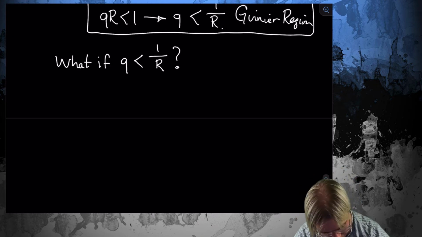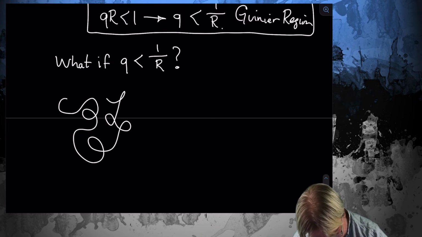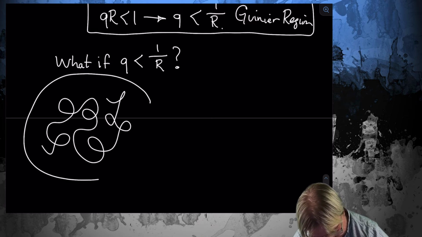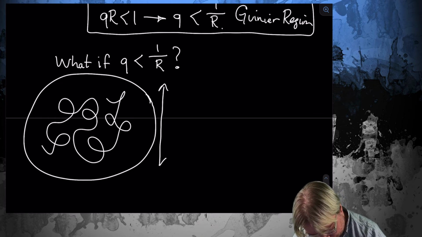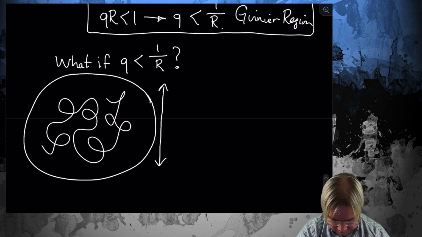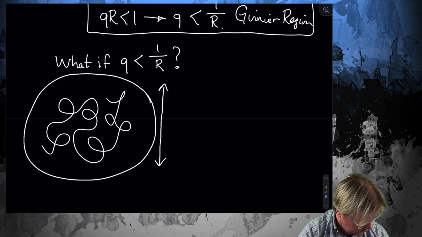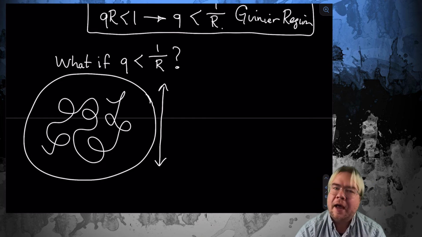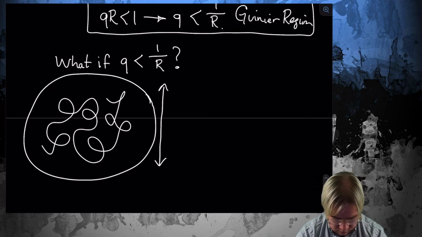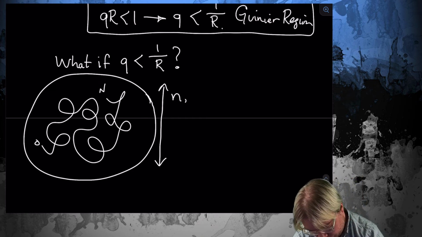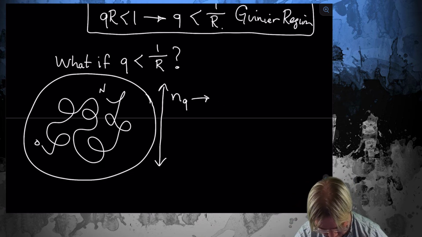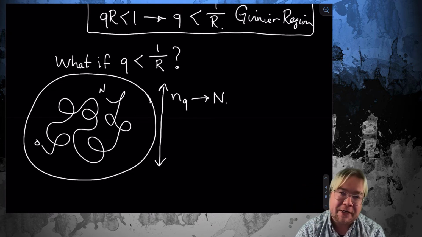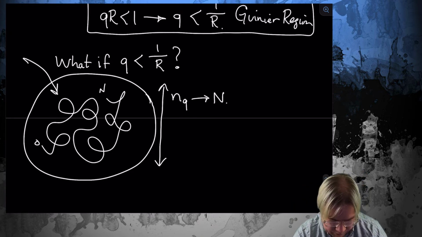Well, let's do that. If I have a polymer chain, this is going to be its size. And in this region here, how many monomers am I going to have as a function of Q? Well, N of Q is going to saturate to N. It's going to be the number of monomers in my polymer chain.